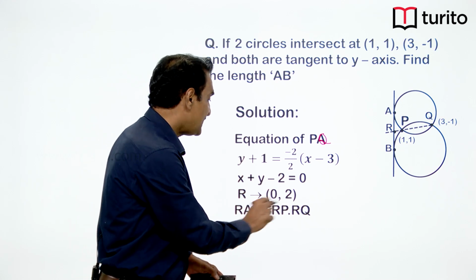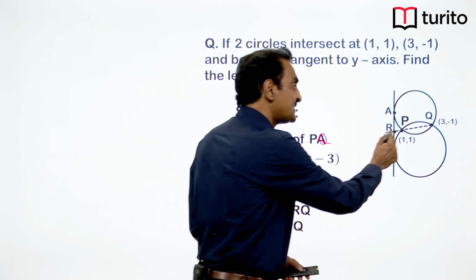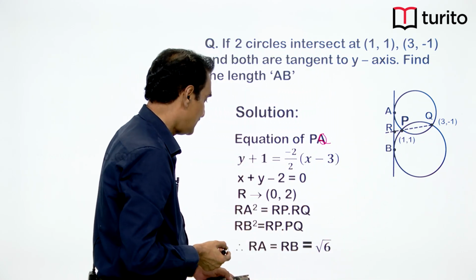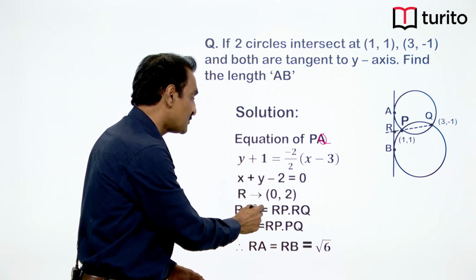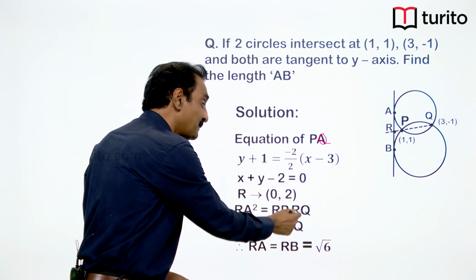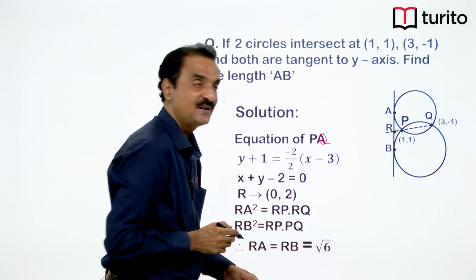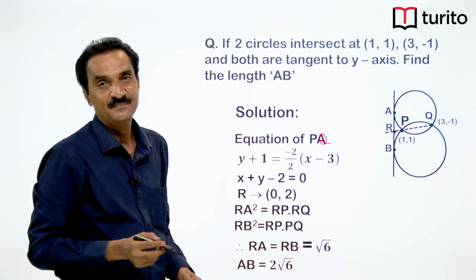Then RA square is equal to RP into RQ. RP into RQ means distance formula. Apply distance formula and calculate. You will get RA is equal to RB is equal to root 6. So, the length of AB will be 2 root 6.